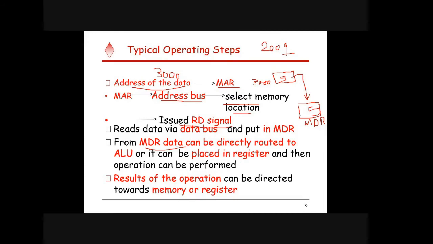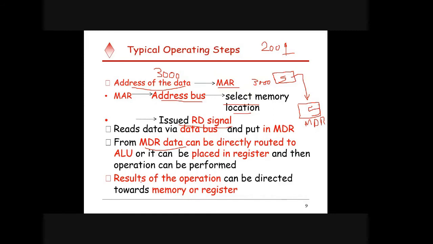So from MDR the data can be routed directly into the ALU, or it can be placed in the general purpose registers and the operation can be performed. The operation is performed inside the ALU. Again, the result I should write into a register or even into the memory. The result of the operation can be directed towards the memory or into the registers.